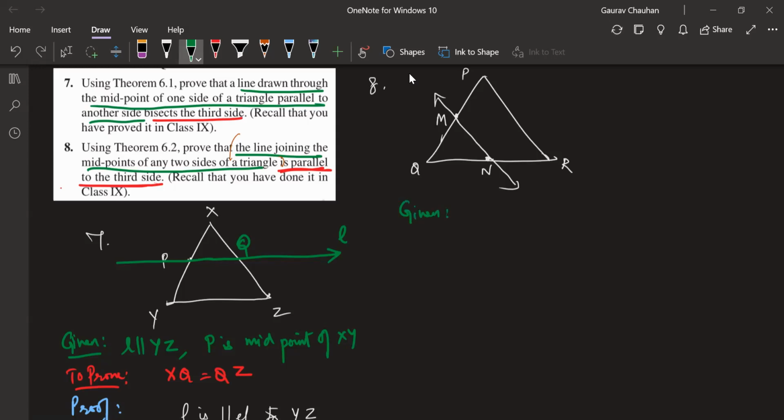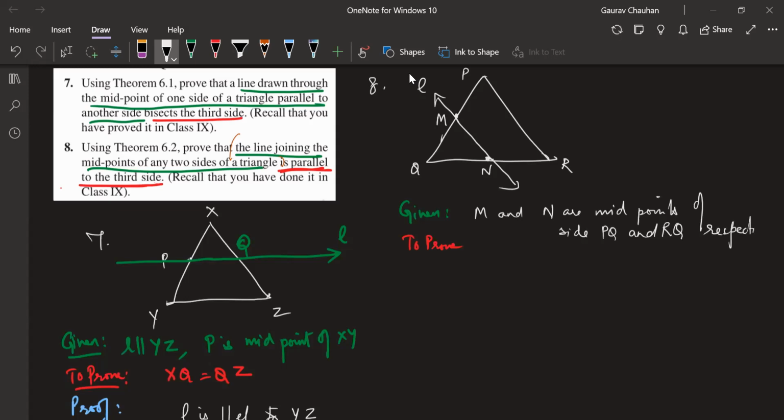So let's write the given and to prove here. Riza, go ahead. Tell me given and to prove. Sir, it is given that M and N are midpoints of side PQ and RQ respectively. Very good. It is important to note the use of respectively here.